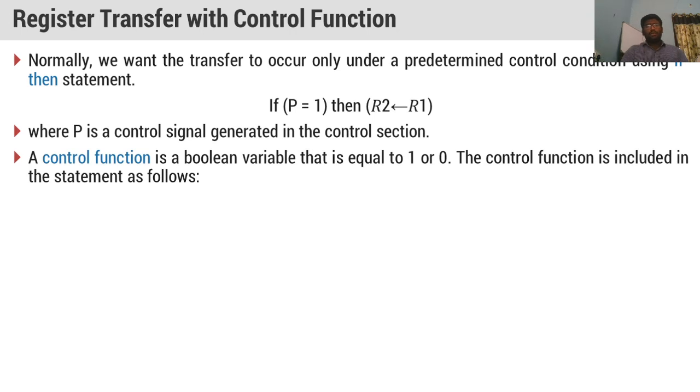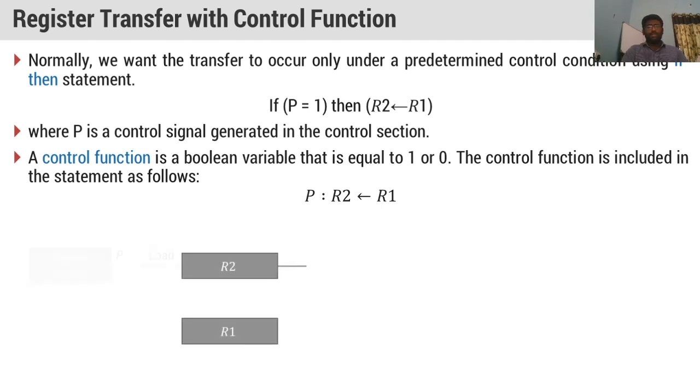This control variable, or this boolean variable P, can be equal to 0 or 1. So the statement will be written as P colon R2 replacement operator R1. This is how we write the notation to represent the data transfer between R1 and R2. Whenever the P value is 0, no transfer will take place. When the P value is 1, data transfer will take place.